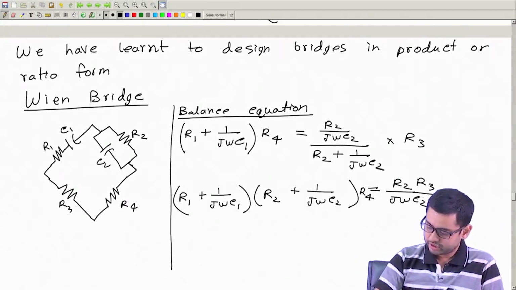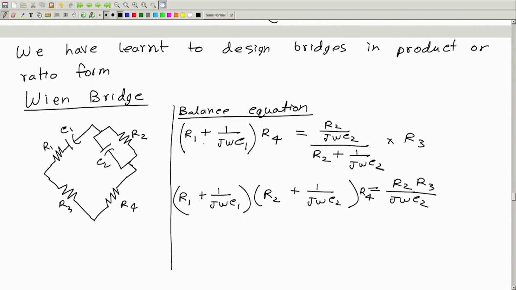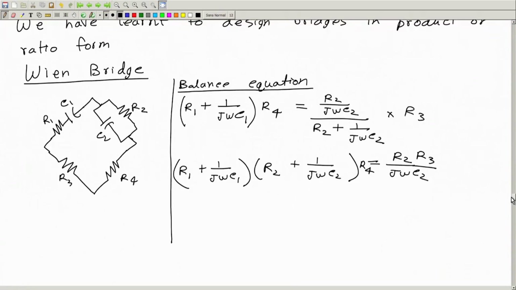Okay. So, you see this balance equation is not going to be easy, although we can derive it from the first principle that product of this two should be product of this two. Okay. But this is not going to be easy. That is the problem with bridges which are not nice product or ratio bridges, but we can do it. And now, if I make a small mistake, the answer may come out wrong. So, please check the calculation also yourselves.